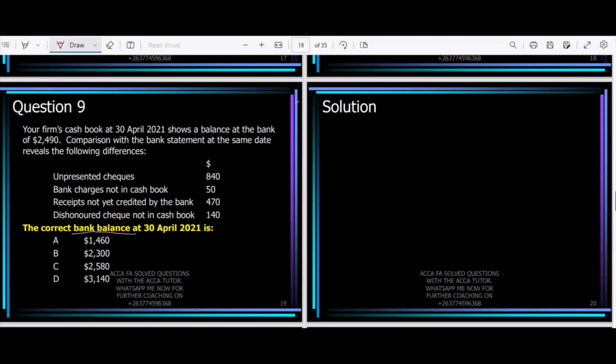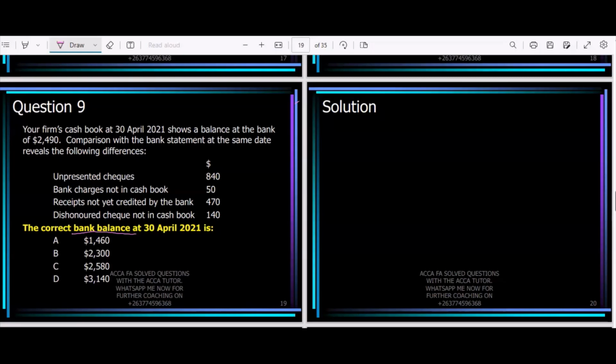Now, my question to you students is, which bank balance are we talking about? Are we talking the balance as per bank statement, or we are talking about the balance as per cash book? Obviously, the question is testing about the balance per cash book.